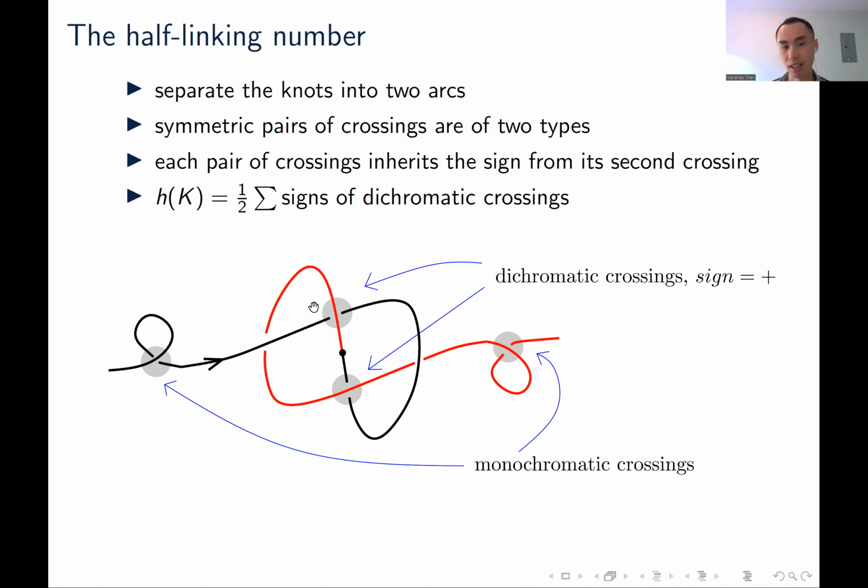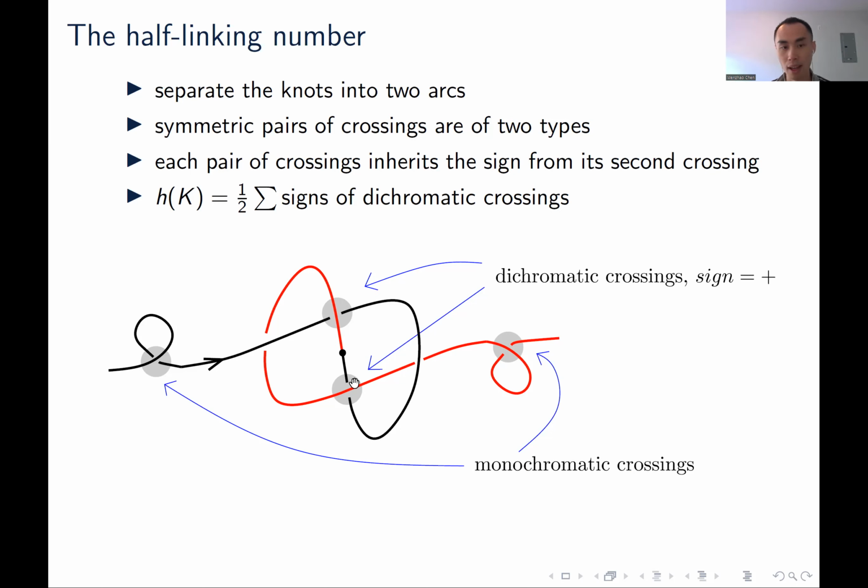The first thing to notice is that the 2 fixed points on the knot separate the knot into 2 arcs. I've drawn them in red and black so that you can see them. The second thing is that all the crossings in this diagram come in pairs. For example, if you have a crossing here, then reflecting about this center point tells you there's a crossing down here.